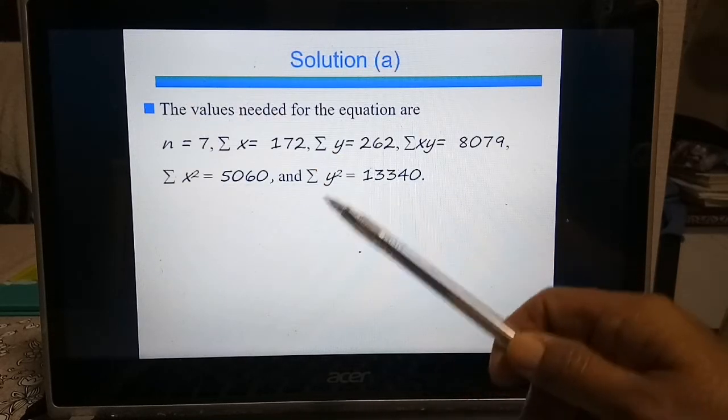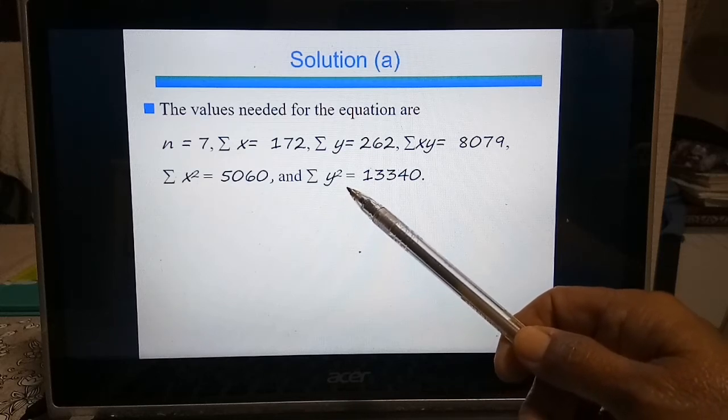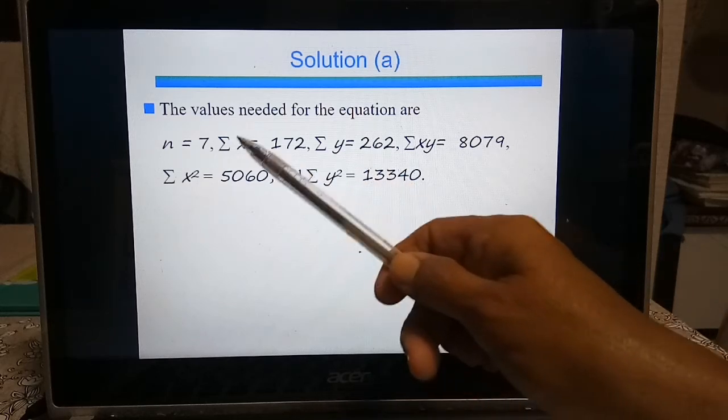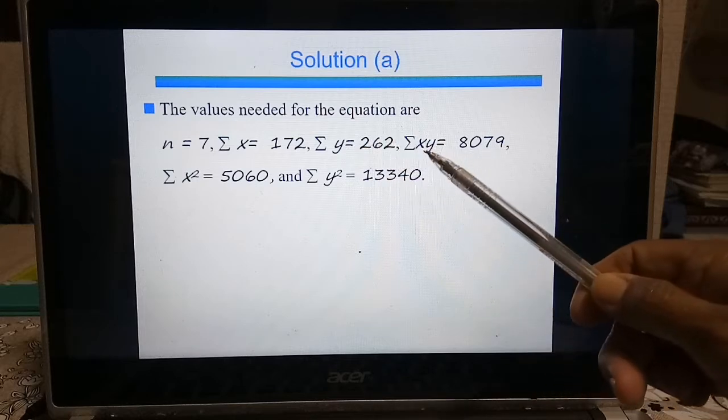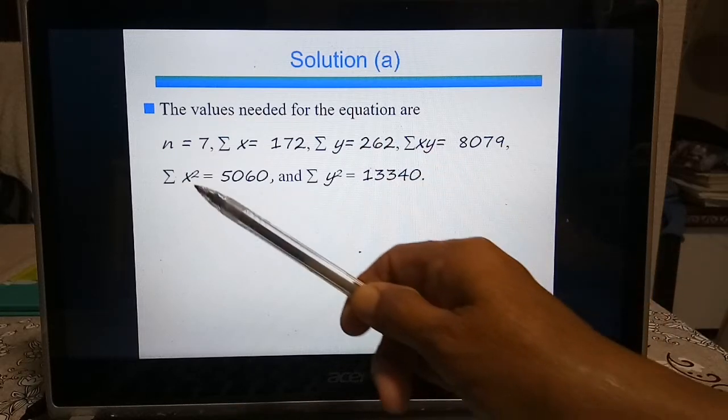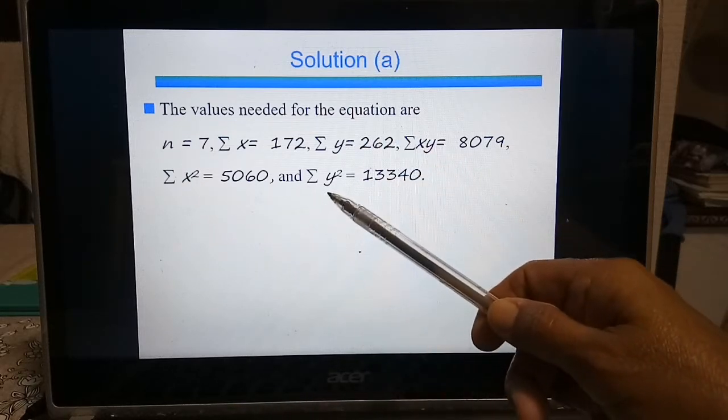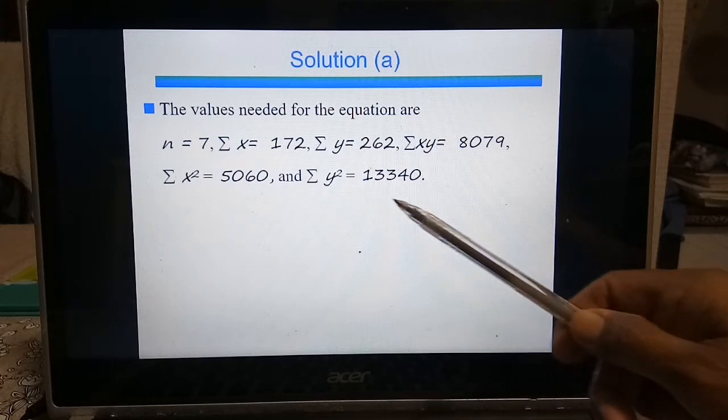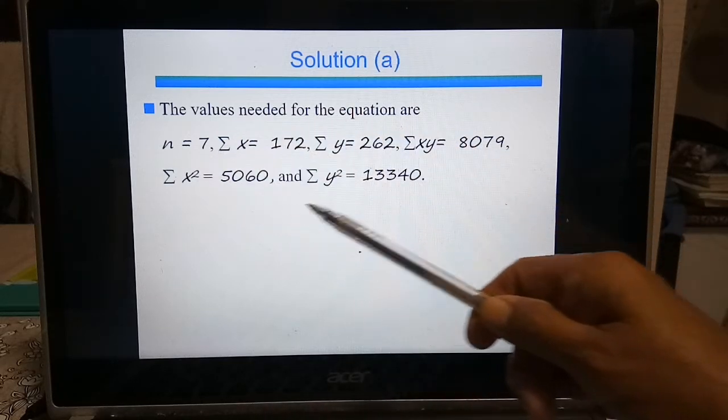Okay, solution. As in the earlier example, we make a table to get the summation of X, summation of Y, summation of XY, summation of X square and summation of Y square. Try calculating, and check whether you get these values.